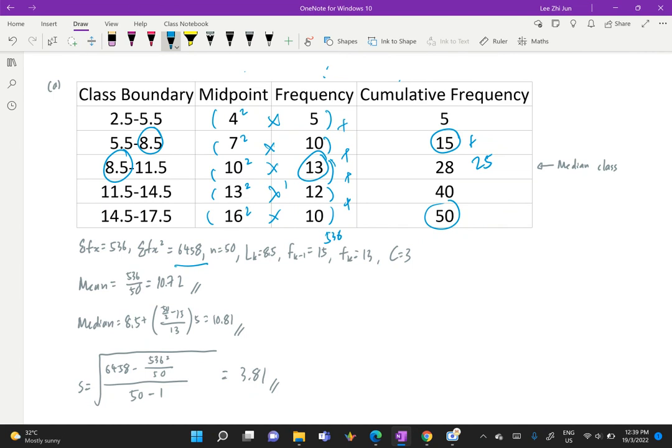Plus the formula of the median, so I will get 10.81. The standard deviation: 6458 minus 536 squared divided by 50, divided by 49, so I will get 3.81.